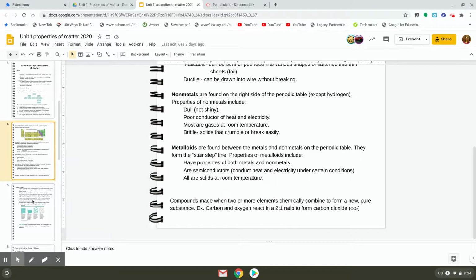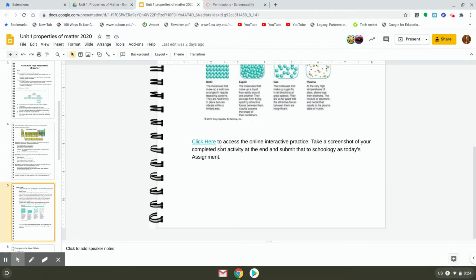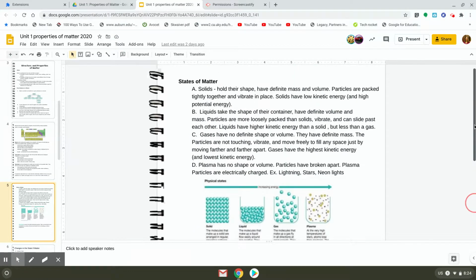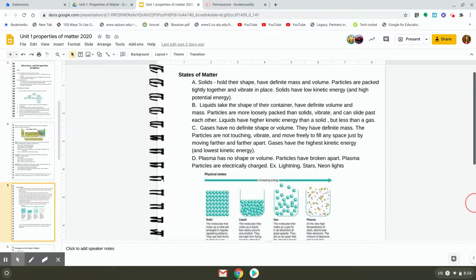All right, next page. This is where you start seeing reference to these states of matter and how the atoms move and are spaced apart based on the amount of kinetic energy that it has. You need to know the difference between the four states of matter. You need to be able to look at a picture and tell which state of matter is referenced based on that picture.